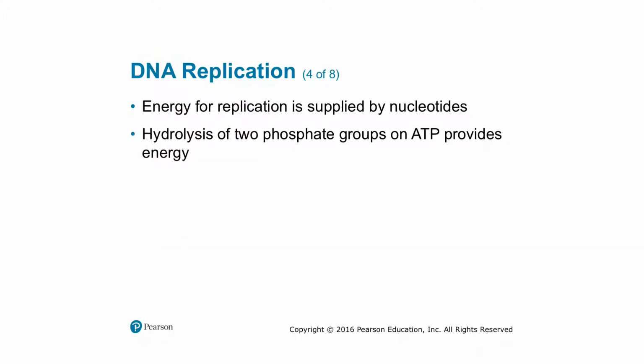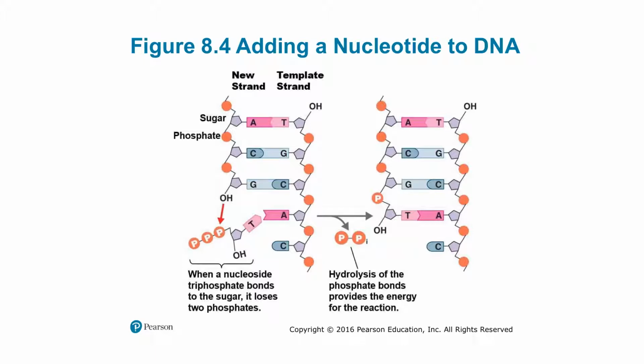Energy for replication is supplied by the nucleotides. The hydrolysis of the 2 phosphate groups on ATP provides that energy. Here we can see that. Whenever you have some type of nucleotide, you generally have 3 phosphates attached to it.